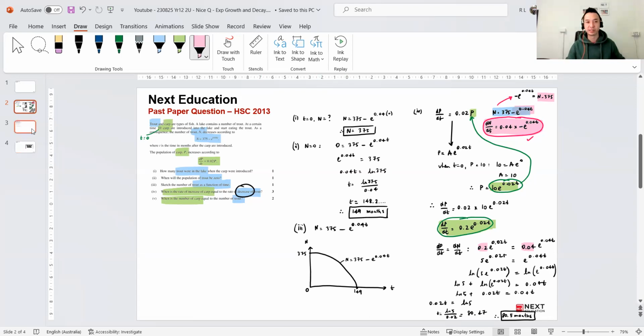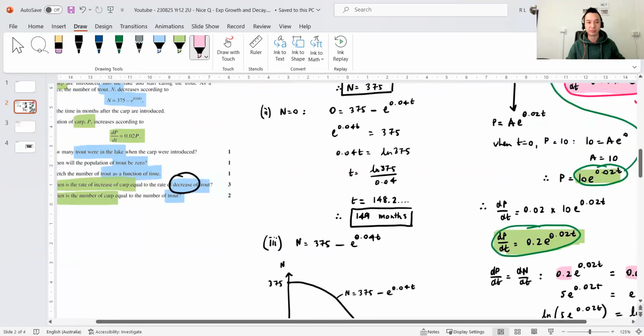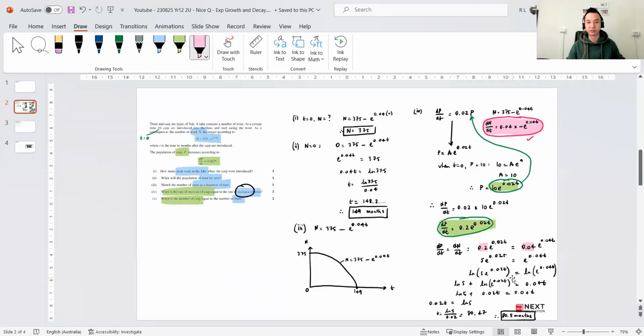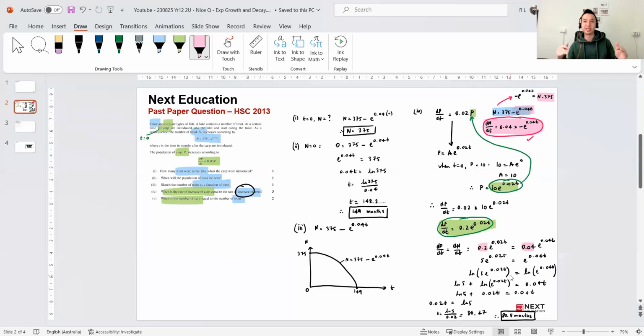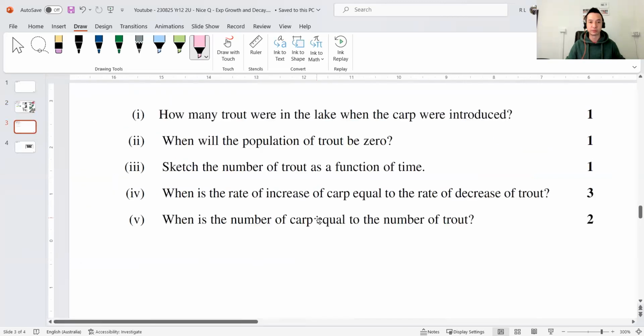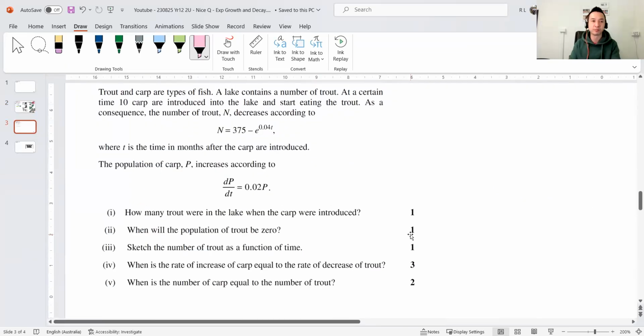Guys, let's finish off with the last question there. So when is the number of carp equal to the number of trout? So that's basically, instead of setting the differentials equal to each other, set P equal to N and then solve. So for the next one, I'll start off with a new tab here. For number 5, I want P equal to N, right? That's really what it's saying now.